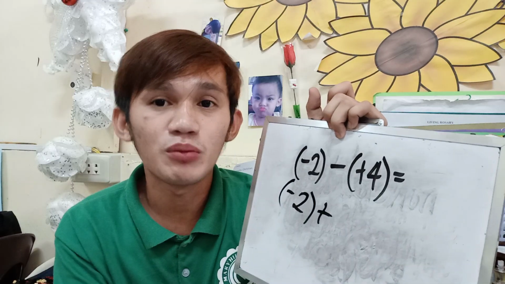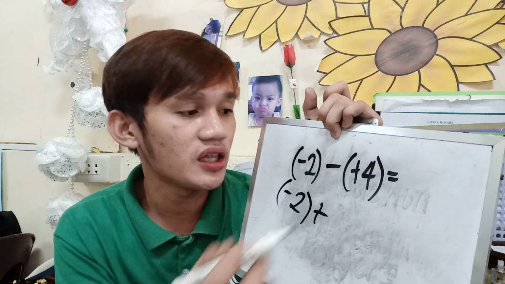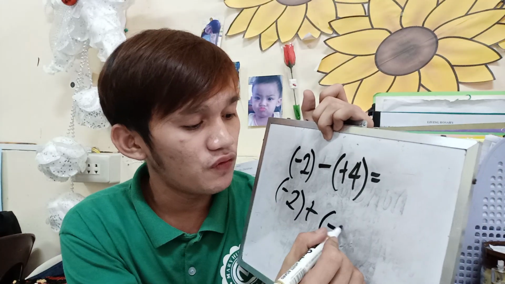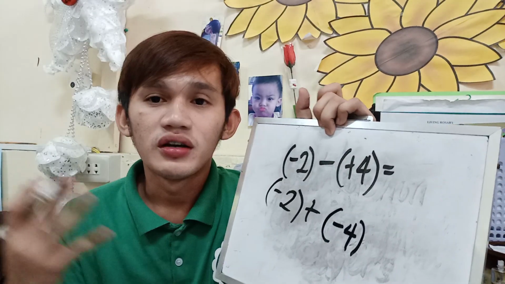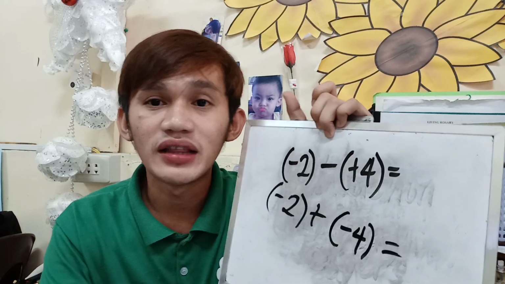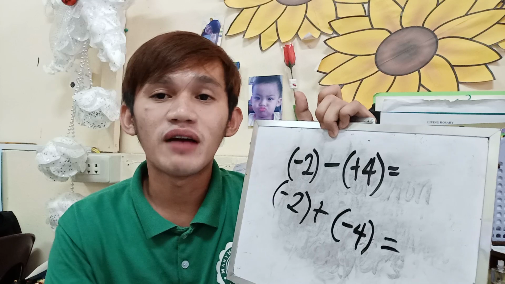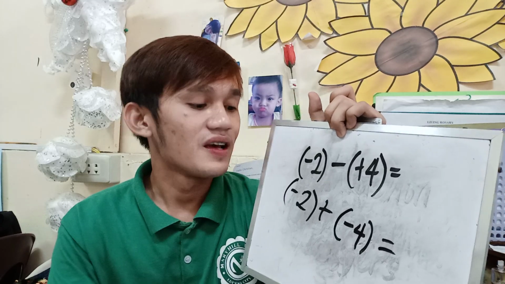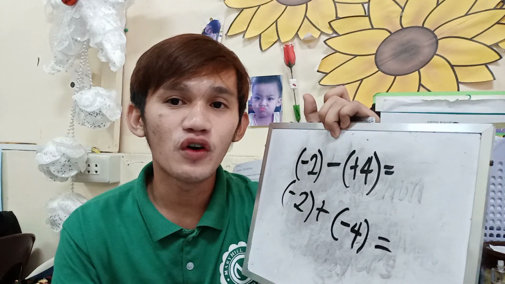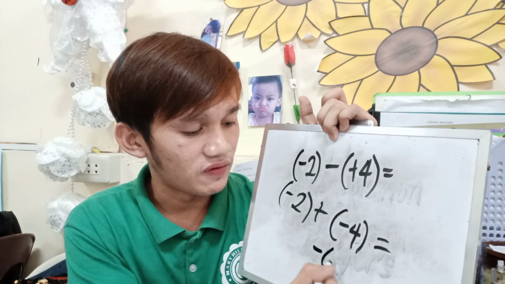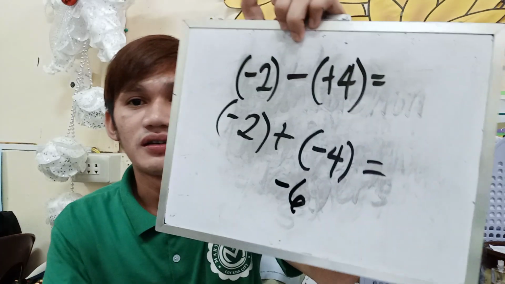But before adding that, you must get the opposite of your subtrahend. From positive 4, this will become negative 4. Applying the rule of addition of integers, if we have the same sign, you just add and then keep the sign. So negative 2 plus negative 4, they are the same sign, so that is negative 6. As simple as that.